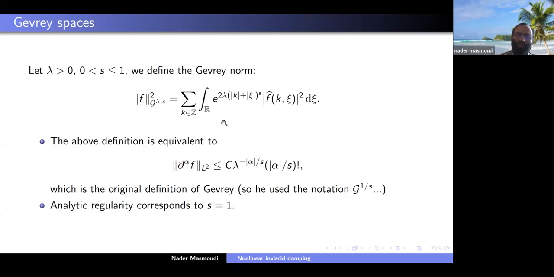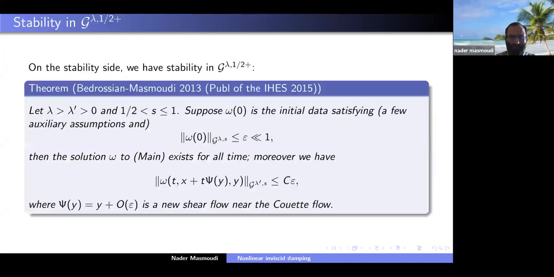This Fourier-side definition is actually equivalent to a definition on the physical side, but we will not use it. Also, s equal 1 corresponds to analytic regularity.